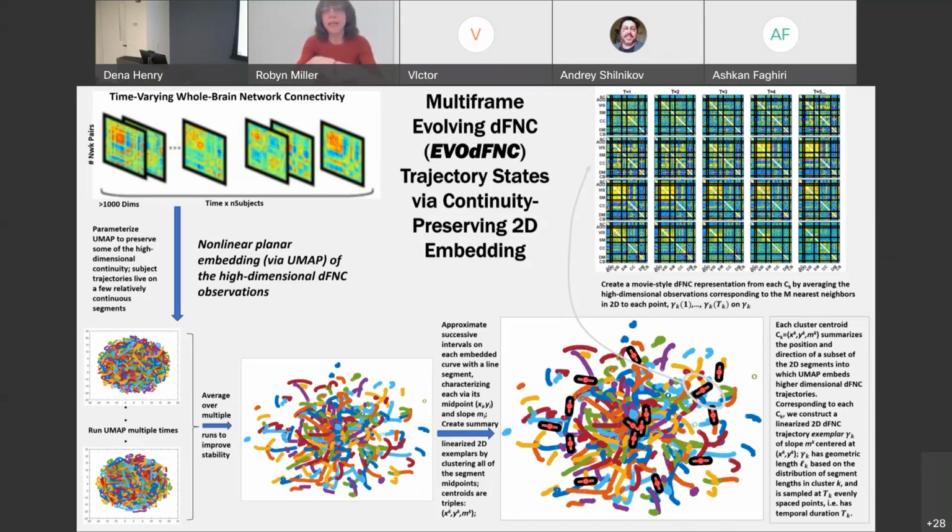So in this particular approach, what we're going to do is take these long sequences of high-dimensional dynamic connectivity observations. In this case, it is time aware, right? As a given sample, the sequences are in correct temporal order.